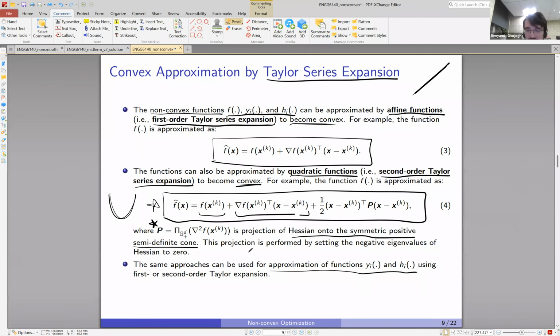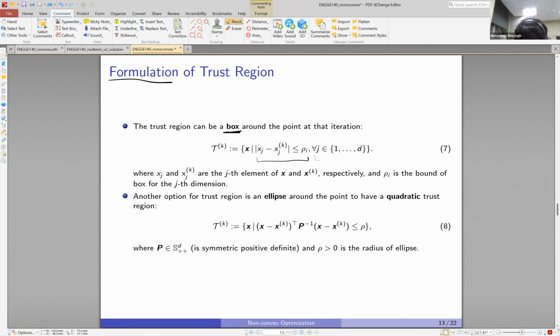This is a trust region at iteration k. What does it mean? For first off, let's consider one of the dimensions. So j goes from 1 to d. Here we are talking about element-wise.